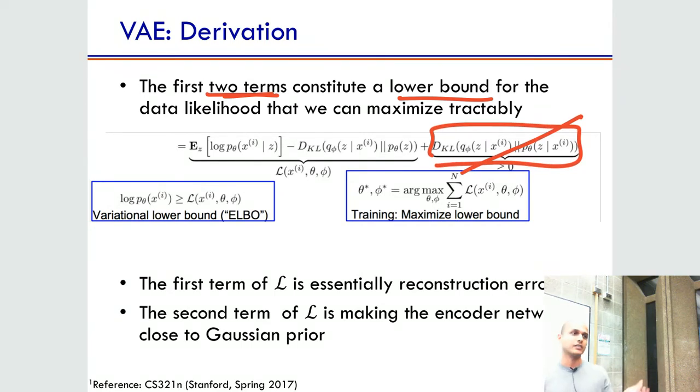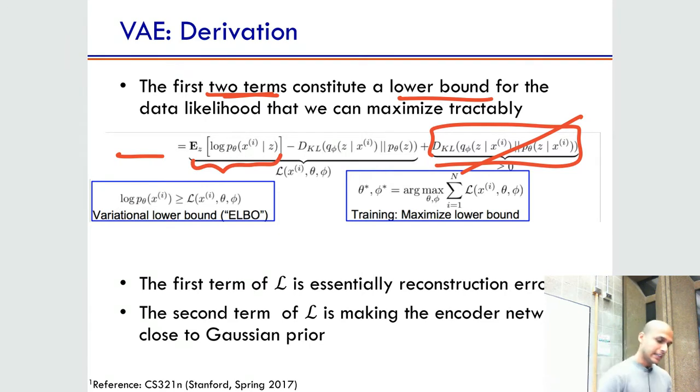It's always going to be positive unless the 2 distributions are the same, then it's 0. That's a property. We did not prove it here, but that's basically the intuition. So we can drop it. Okay. So maximizing the log likelihood of the data is the same as maximizing these 2 terms, maximizing the first term minus the second term.